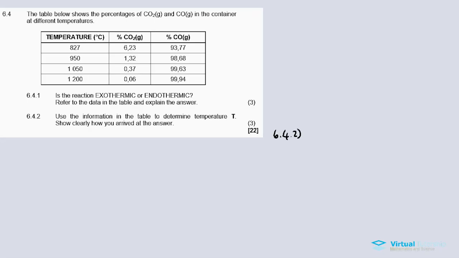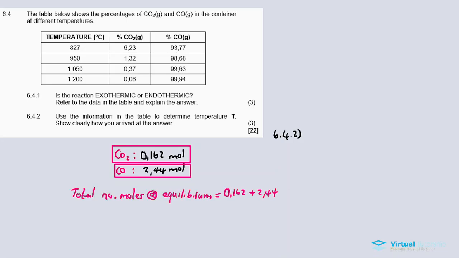In 6.4.2, the carbon dioxide at equilibrium from the table, she calculated 0.162. For the carbon monoxide, the number of moles from the equilibrium table is 2.44. Since we calculate a percentage for either carbon dioxide or carbon monoxide, I need the total number of moles at equilibrium for the reactant and the product.